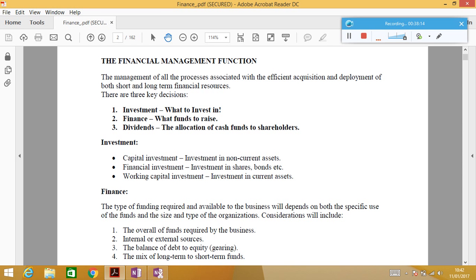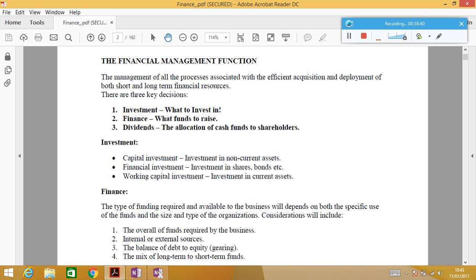Look at that. Capital investment is what? Non-current asset. Working capital investment? Current asset. So you have to be very precise. If, for example, accidentally, for capital investment, you say asset, what asset? Your answer will be wrong. If you say asset for capital and asset for working capital, you never differentiate. So you have to be very precise.